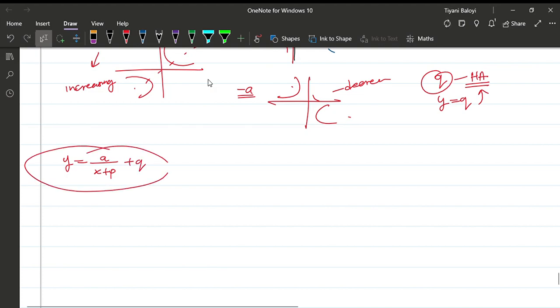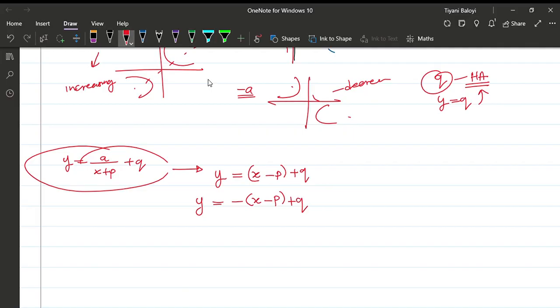Your axis of symmetry here, the one with the positive gradient, will be y equals x minus p plus q, right? And then the other one with a negative gradient will be y equals negative x minus p plus q, right? And so these are your axes of symmetry. Because there are two of them, let's just say axes of symmetry.